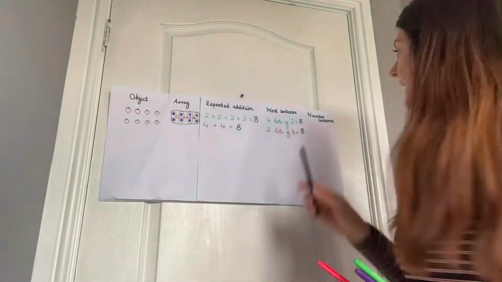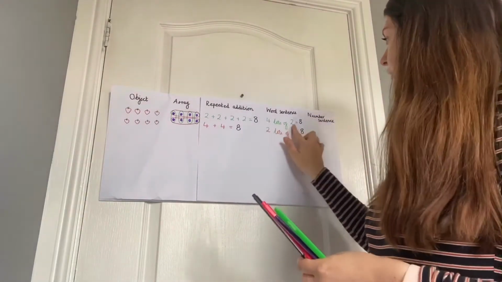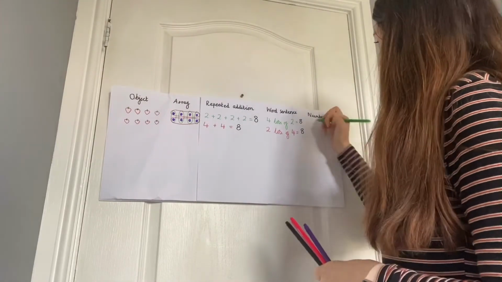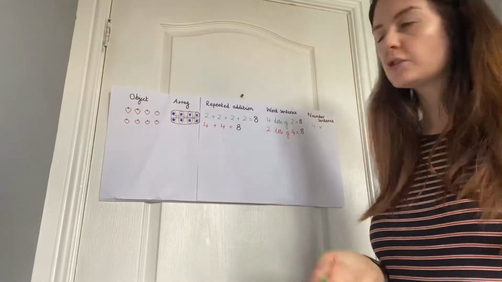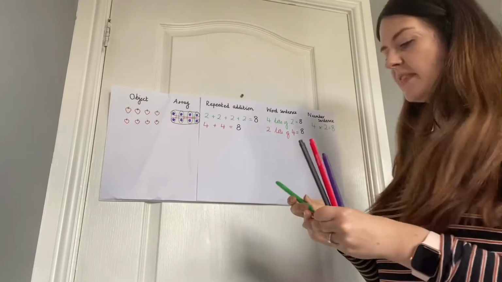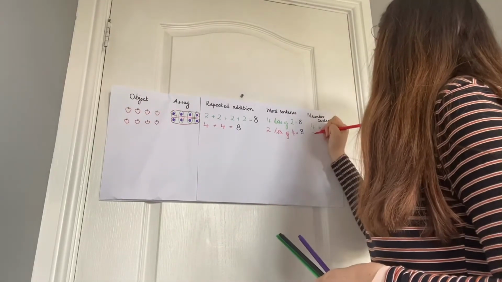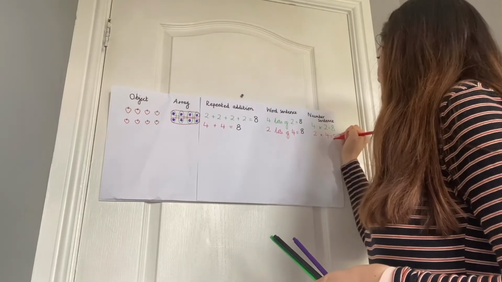And then we can write our 2 number sentences. Okay, so instead of 4 lots of 2, I'm going to write 4 times, because that's what lots of is, it's just a times. 4 times 2 equals 8. And then we've got our other number sentence, 2 times 4 equals 8.